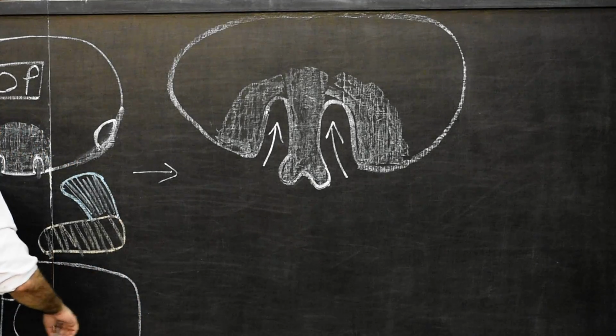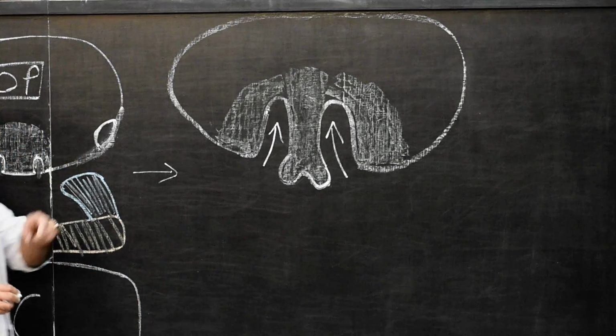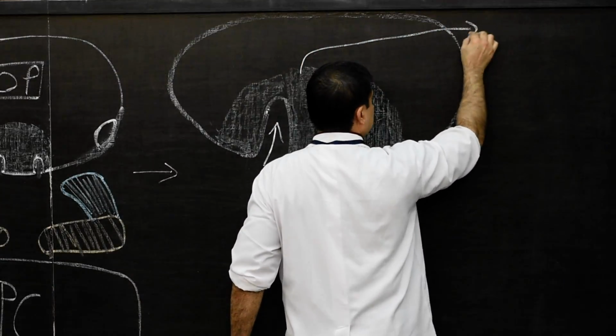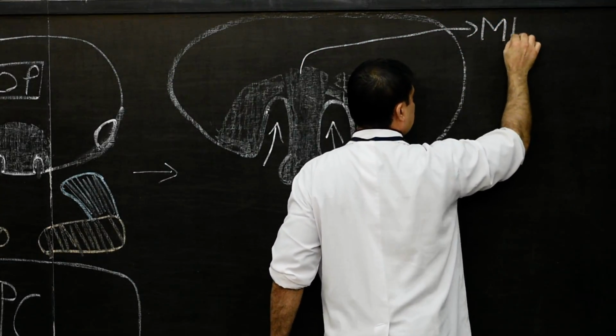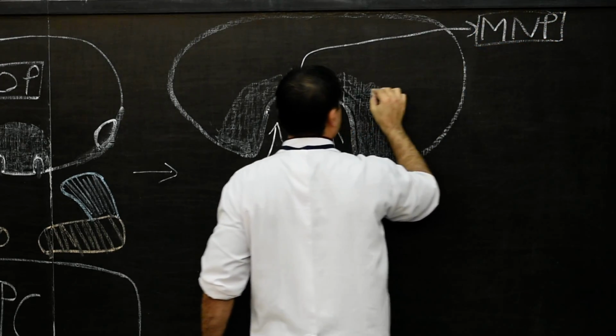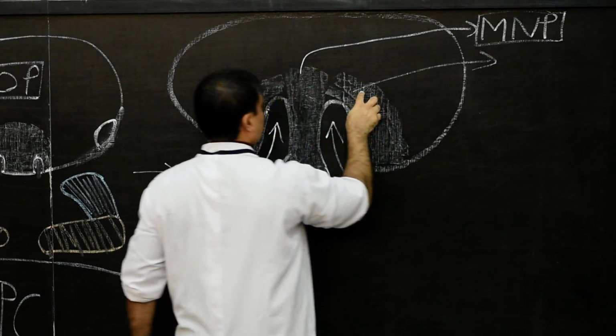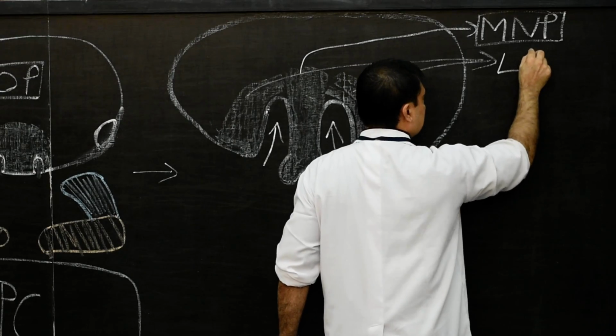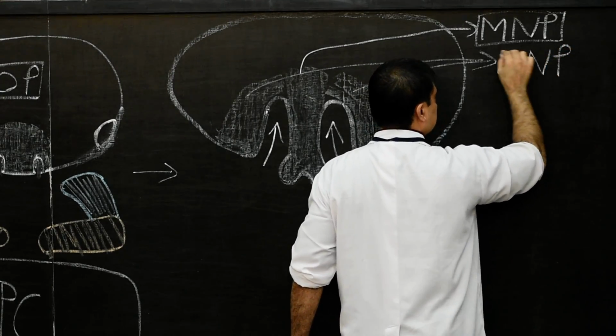So therefore, the frontonasal process will divide into two structures. This one will be the median nasal process. Please mark it correctly. And these two, 1 and 2, will be known as lateral nasal processes.